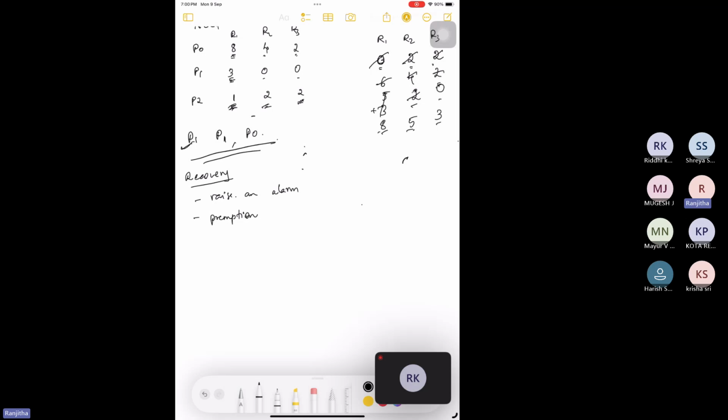No preemption is also one of the criteria for deadlock. So if we bring in preemption, then we can solve the deadlock situation. Another one is to do a rollback.